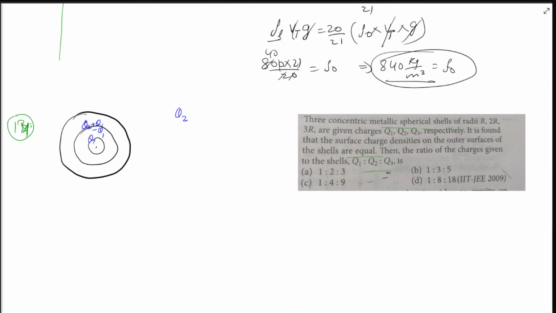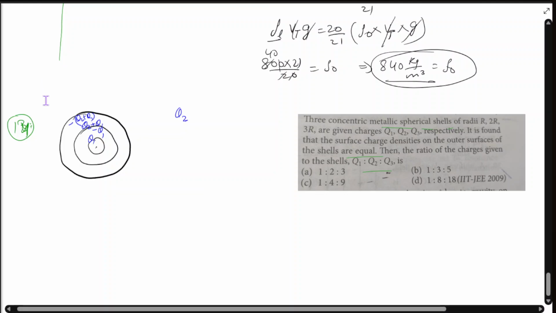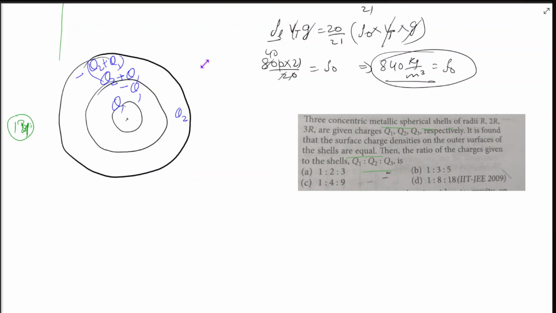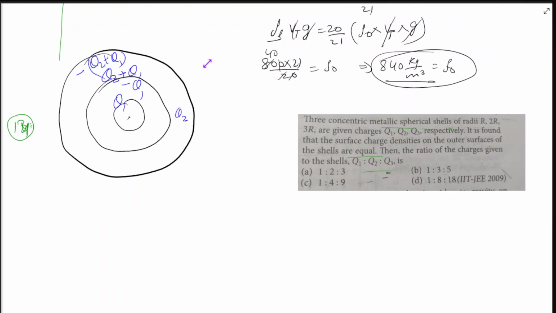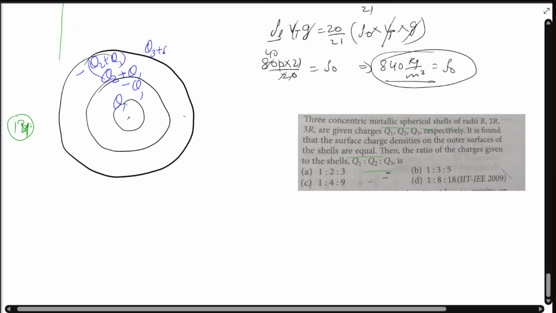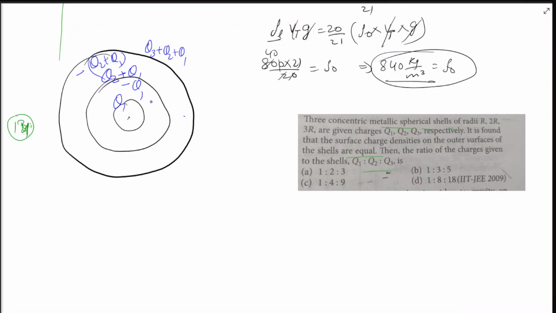Now this Q2 plus Q1 will induce minus (Q2 plus Q1). But the third sphere has Q3 charge, so it will be Q3 plus Q2 plus Q1, right? So charge conservation we are using. That's it.